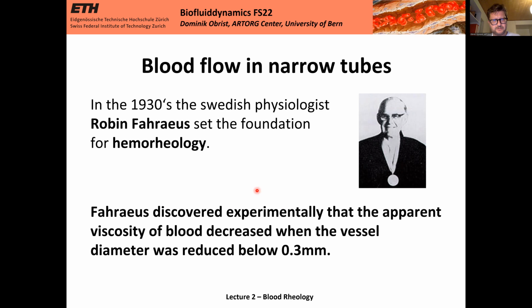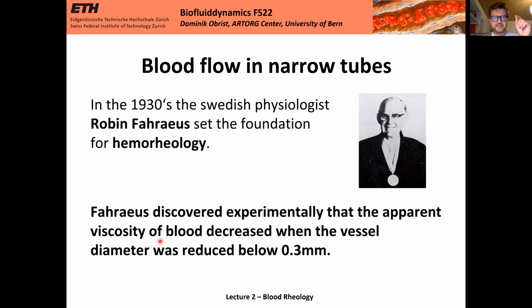What he found is that the hematocrit in small blood vessels changes as a function of the size of the vessel. And second, he found that the apparent viscosity of blood decreases when vessels get smaller.